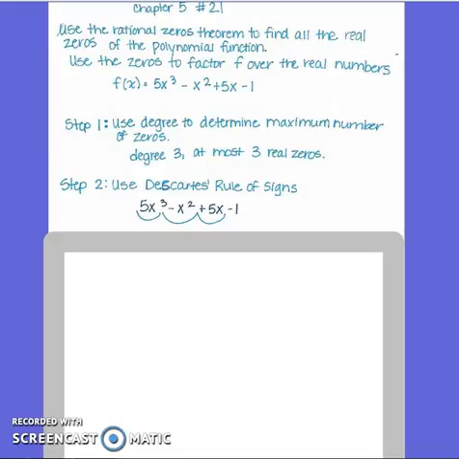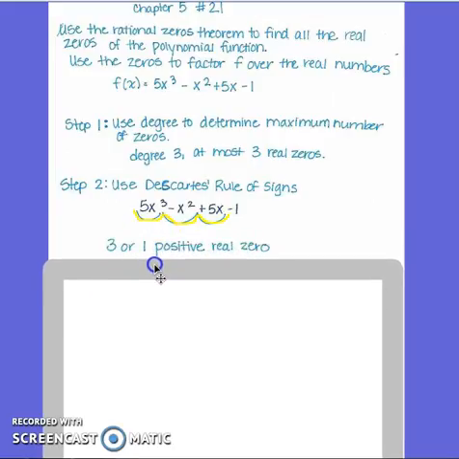When you're doing the positive ones, you use the original function. So we're going to look for the number of times that the sign changes. So the sign changes here, that's 1. Sign changes here twice. Sign changes here 3 times. So the sign changes 3 times. So we will either have 3 or 1 positive real zero.